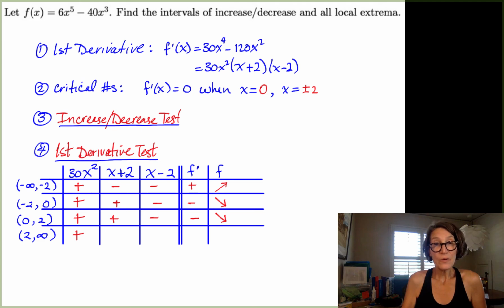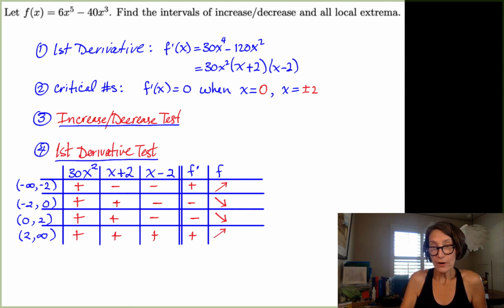All right, so now we're on the last interval from 2 to positive infinity. I'll pick positive 3, plug it into x plus 2, I get a positive number, so there's a plus sign. Plug it into x minus 2, I still get a positive number, so there's another plus sign. And then f prime is positive times positive, which is positive, so f is increasing.